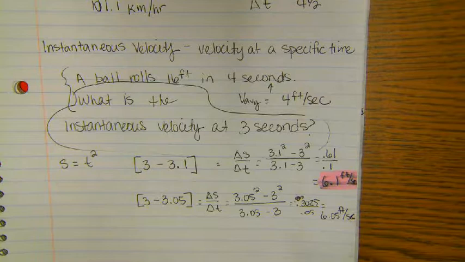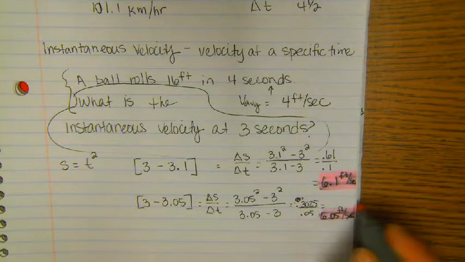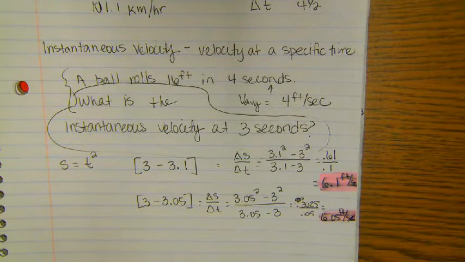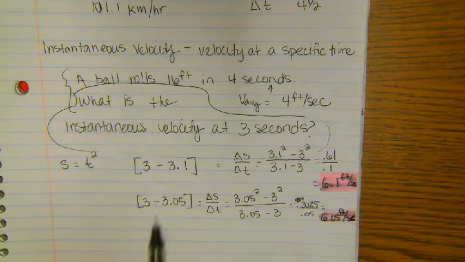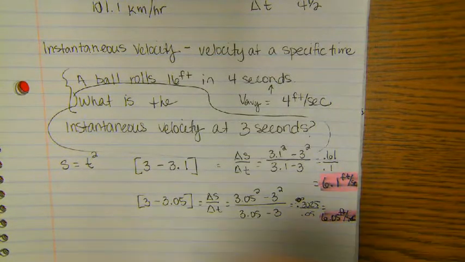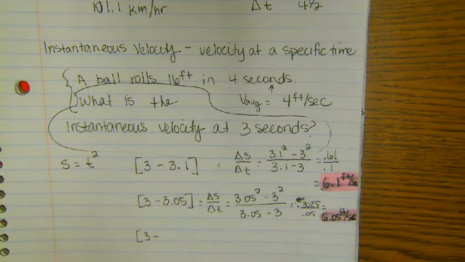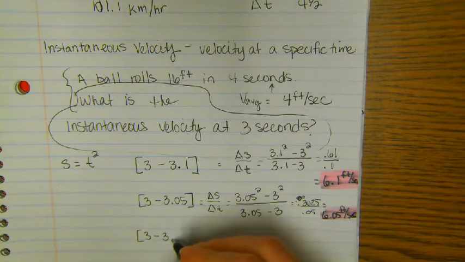I know we could keep doing this. I'm going to do it one more time. I'm not going to cut this interval in half. I'm just going to decrease it by a factor of 10. So I'm going to change this to 3.005 now.